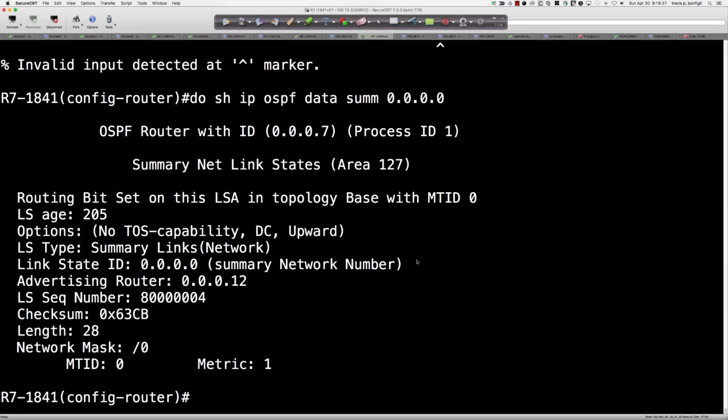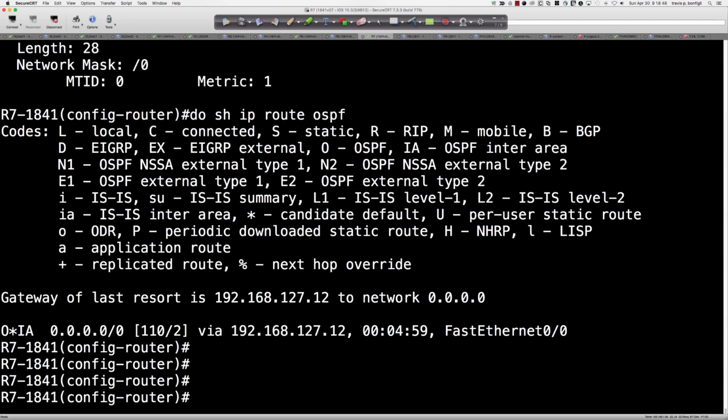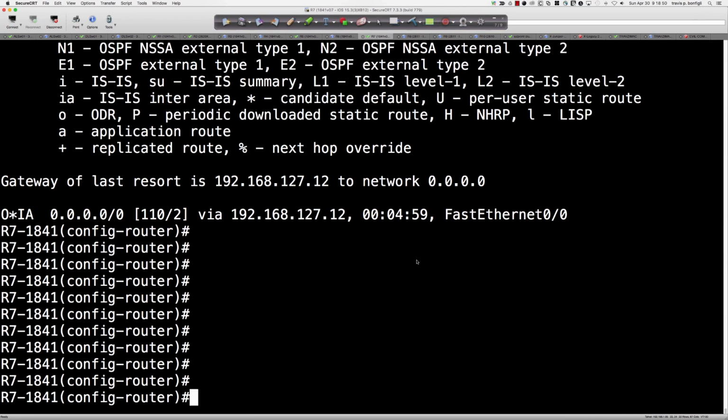Again, Cisco looking at this, looking at the stub area and saying, how can we further optimize a stub area when in fact there's only a single way in or out of that area, and it is to make it totally stubby.